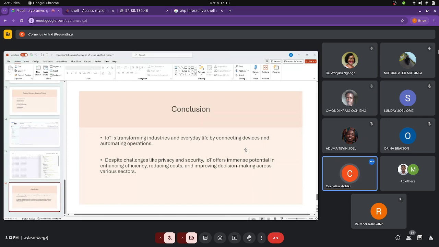Yes, I think that is the end of the presentation for now, and this is just an introduction on IoT. In the next session I might go deeper into how it operates, so that you get to understand the behind the scenes from a deeper perspective as compared to this.